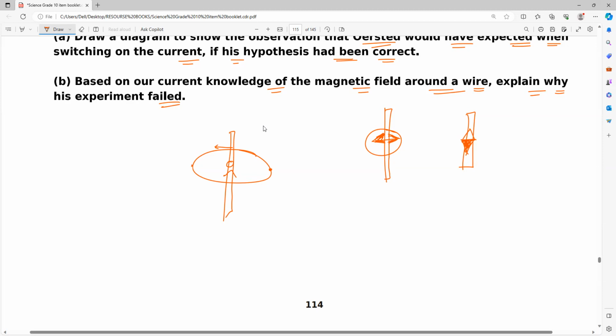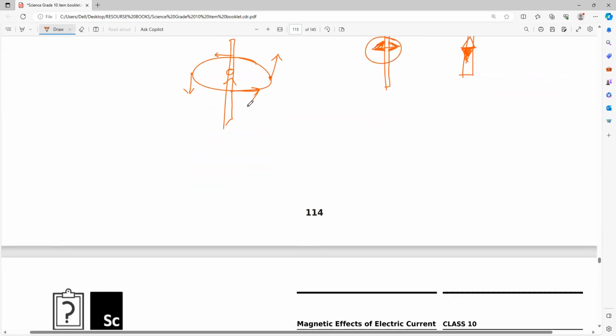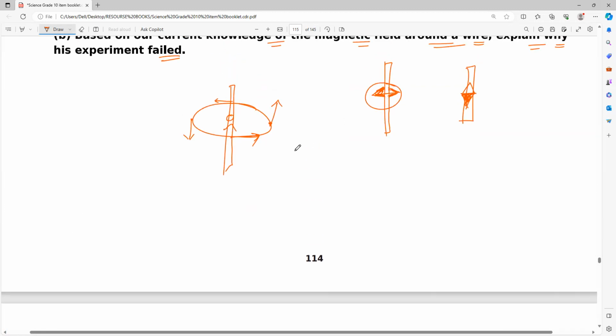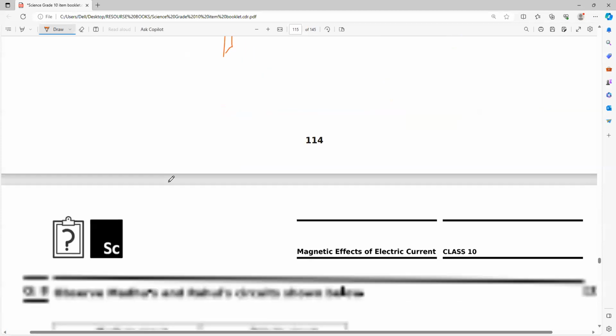At every point, the magnetic field and the direction of current are perpendicular to each other. Clear, everybody? If you place it perpendicular, there is no influence. If it is placed parallel, it will experience the effect of magnetism. I hope you all understand this very, very important question. Please learn it.